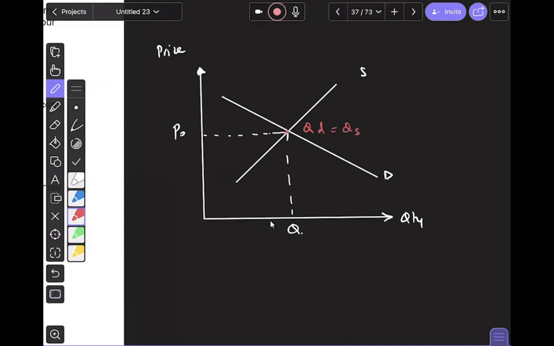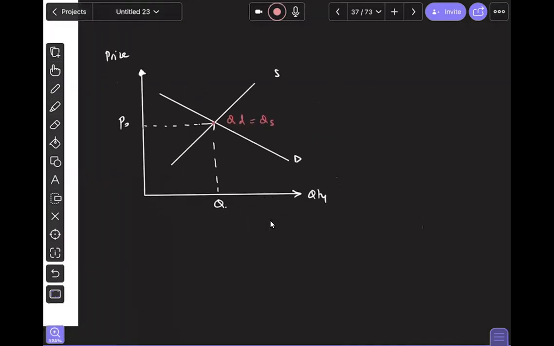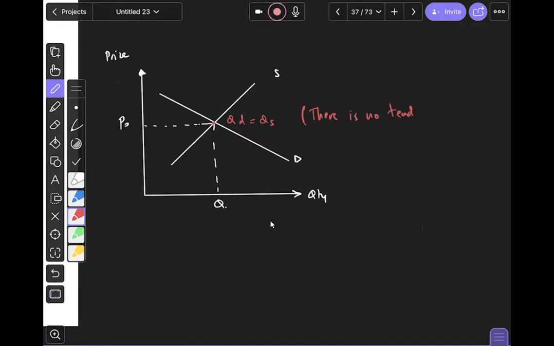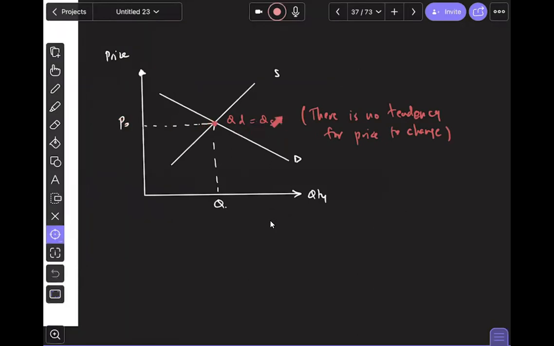The reason we call it equilibrium is that there is no tendency for price to change, which means there is no reason for price to change. Price doesn't need to change because at P naught, your quantity demanded equals quantity supplied. Now, if there is not an equilibrium, what happens?